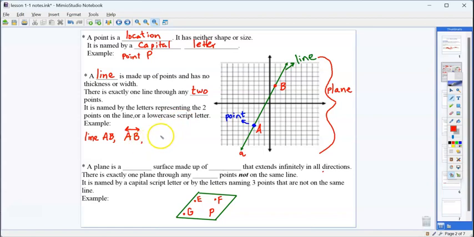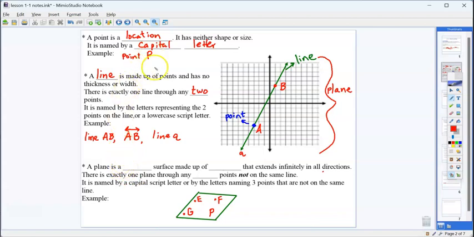We could also refer to it as line Q. So there's several different ways that we can identify lines. It really doesn't matter about the order. If we wanted to call this line BA, that would be fine as well. So any two points that fall on the line, we can use in its name.